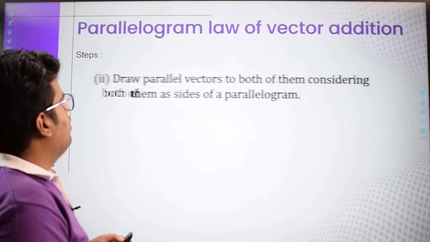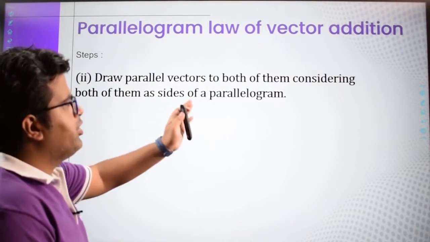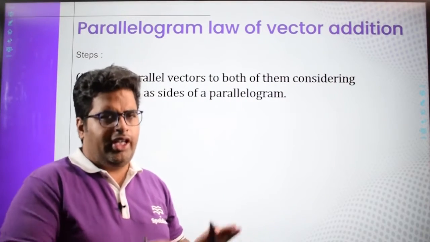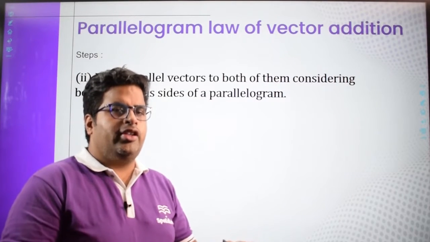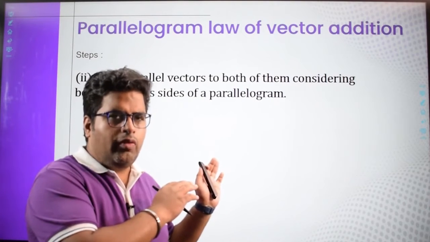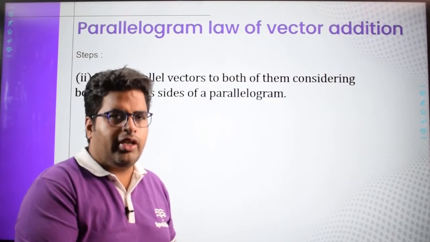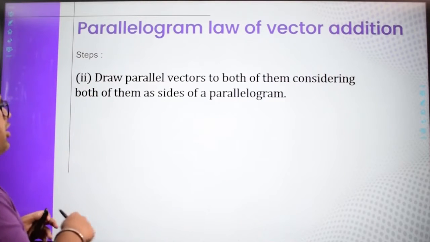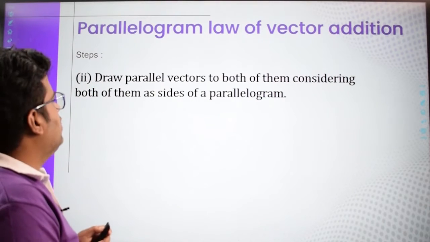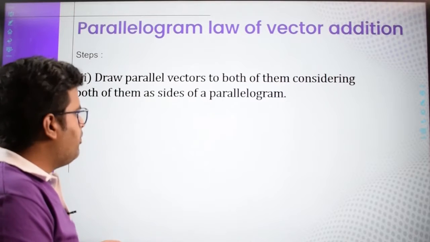Now we have to draw parallel vectors to both of them. We draw one vector which is parallel to A vector and another vector which is parallel to B vector, so that it forms a parallelogram.